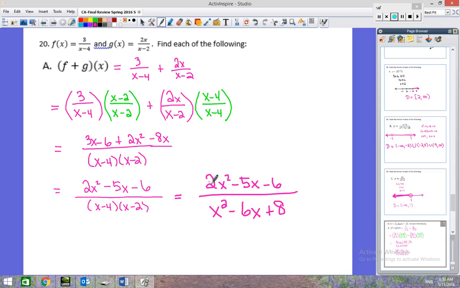Now, sometimes students are tempted to try to cancel terms, and you can't do that. Common terms do not cancel in a fraction, only common factors do. So be careful. You can't simplify this any further. So you're looking for choices that either look like this or like this.